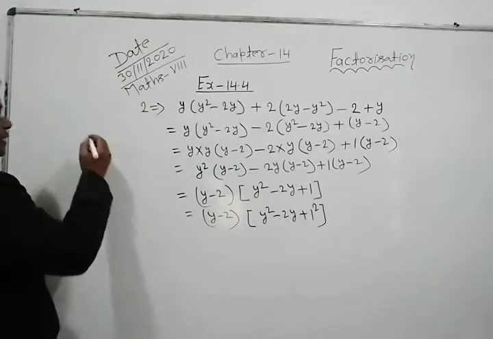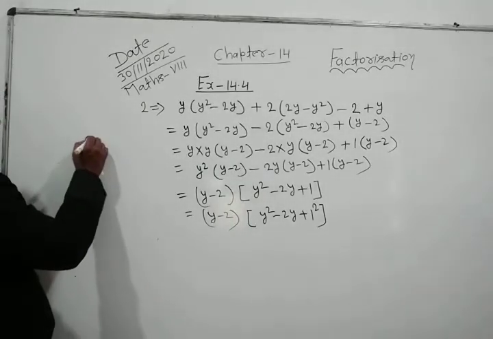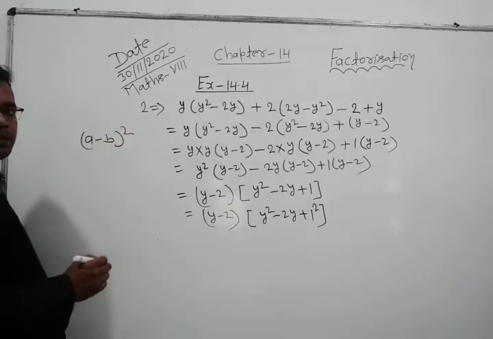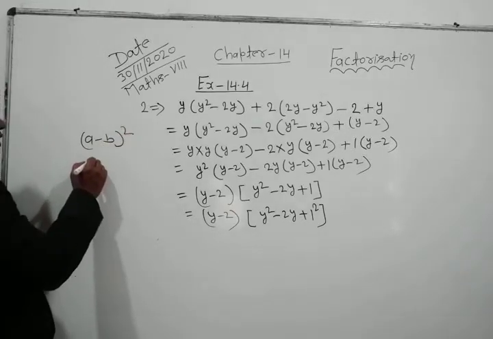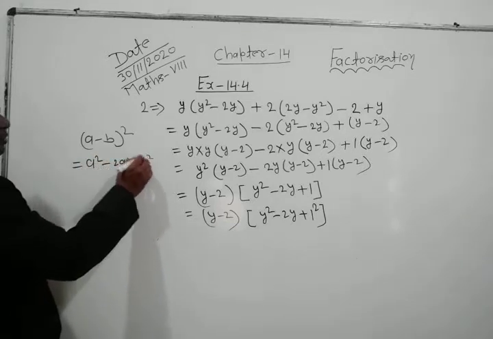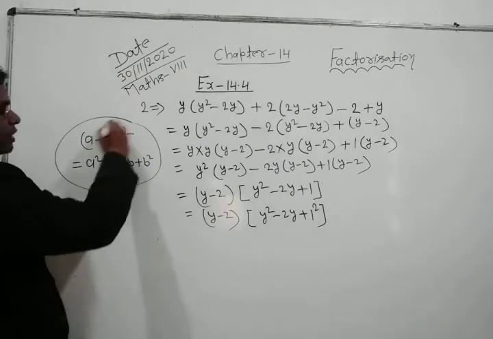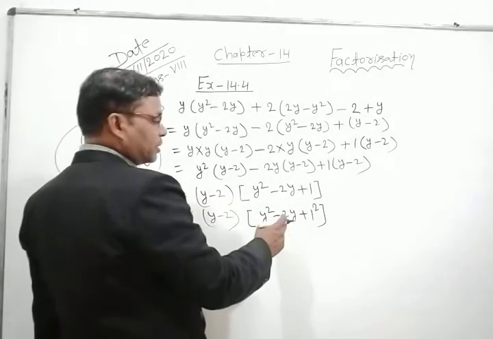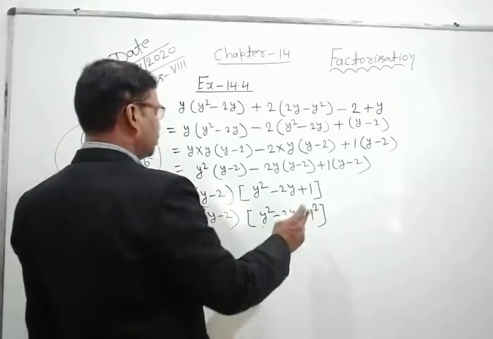So what is the second identity? The second identity is the whole square of a minus b, which is equal to a square minus 2ab plus b square. Clear? So here you can see a square minus 2ab plus b square.